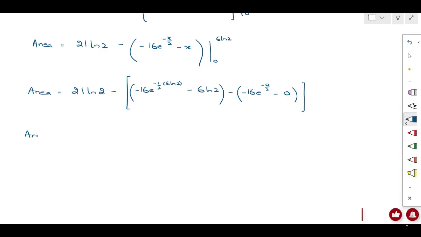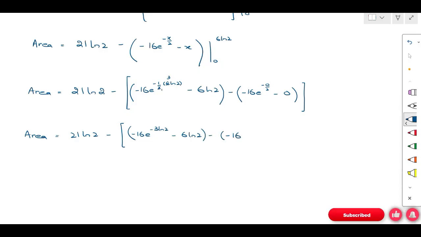So area would be 21 natural log of 2 minus, let me solve this, 2 times 1 is 2, 2 times 3 is 6, so minus 16 e to the power negative 3 natural log of 2 minus 6 natural log of 2 minus negative 16, this is e to the power 0, minus 0 is nothing.